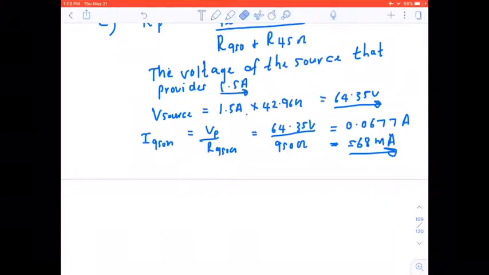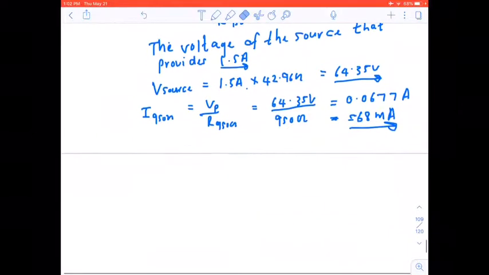It can make your muscles contract when current is passed through your body.